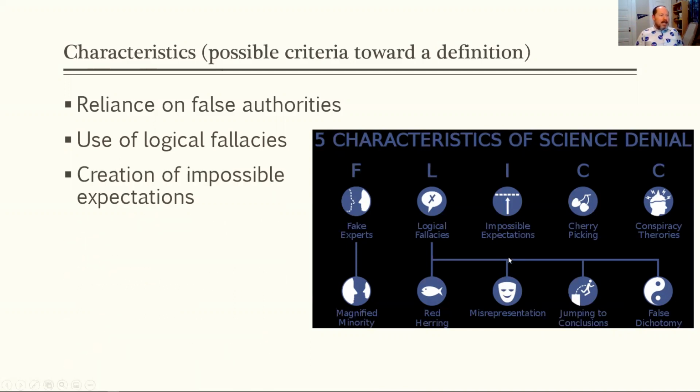They create impossible expectations, where they'll say, in order to prove something, you would need to, and what they require, what they say would be needed in order to prove something, they set the bar so high that no one could ever prove it, and they refuse to look at the wealth of all this other evidence. For example, Holocaust denialists say about three specific things.